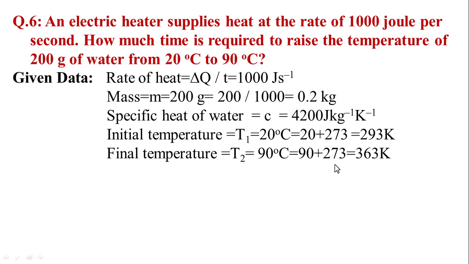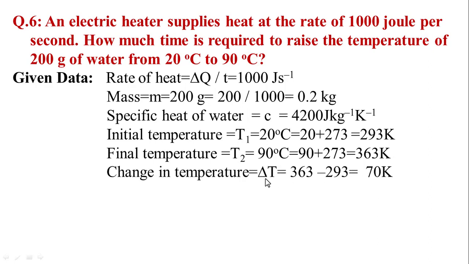So 90 plus 273 is equal to 363 Kelvin. Now change in temperature delta T is equal to final temperature minus initial temperature. So 363 minus 293 is equal to 70 Kelvin. Then we can find that time T is equal to question mark.